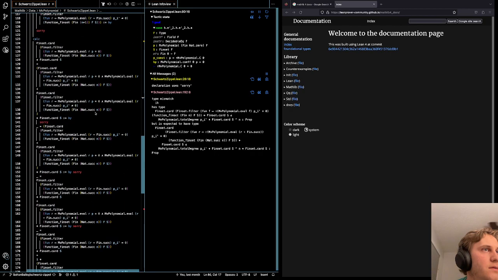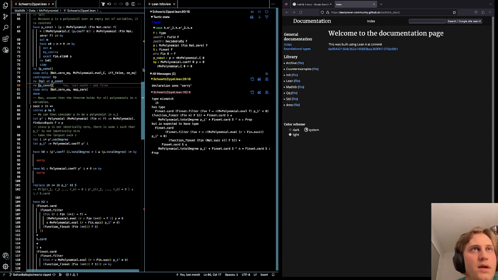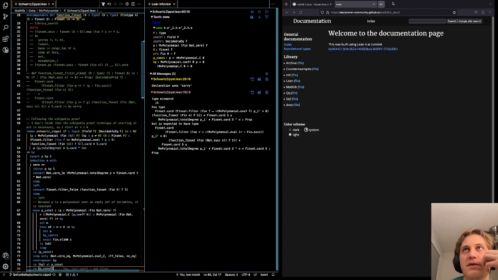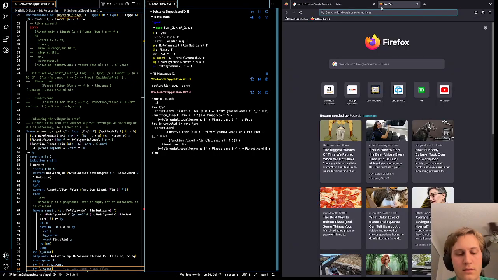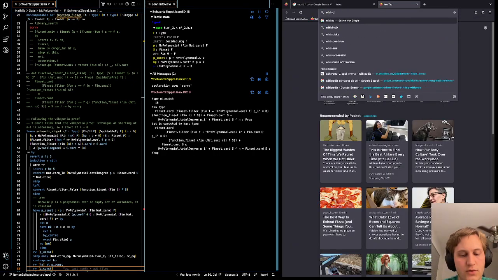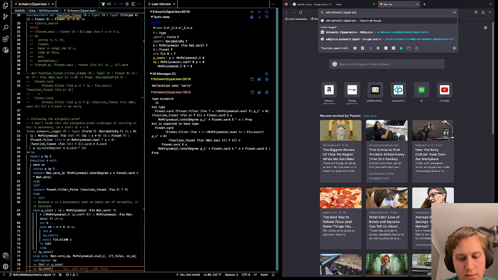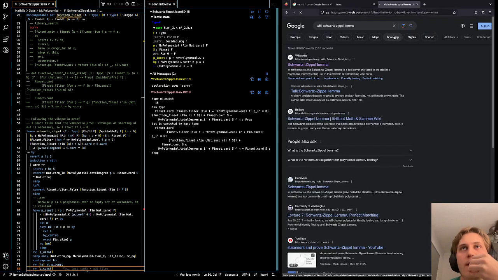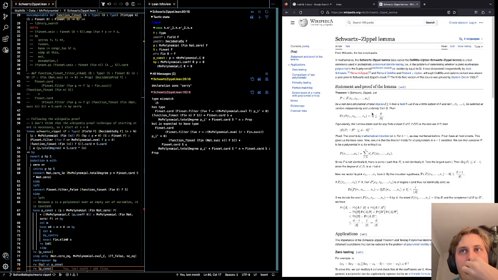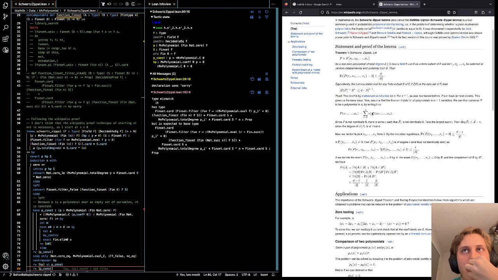So this is good. Now let's try and interpret where we were. So we were following the Wikipedia proof. Let's pull up the Wikipedia proof again. All right, this proof by induction on the number of variables in the polynomial.